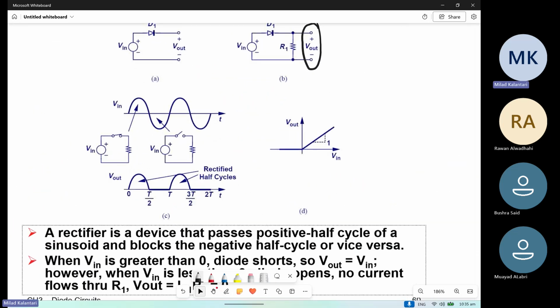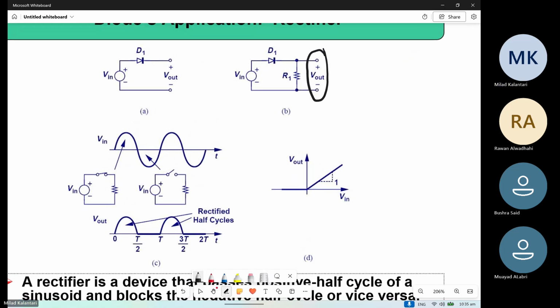Let's go back to this circuit. If you plot V in versus V out, it will again be like a rectifier, right? But the good thing is, in this circuit, this R1 can be your load.